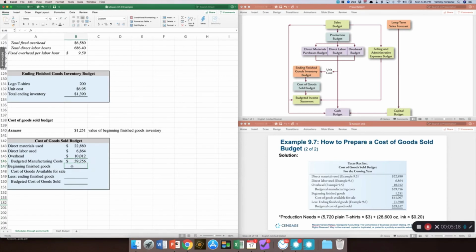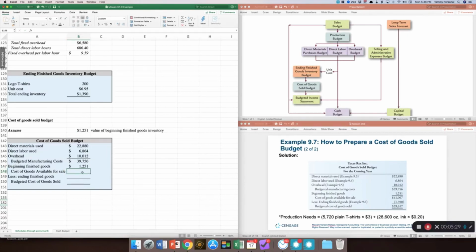We started with our beginning finished goods, so that means that our cost of goods available for sale is these two together. So our manufacturing cost plus our beginning finished goods inventory. Okay, and then we subtract our ending finished goods.